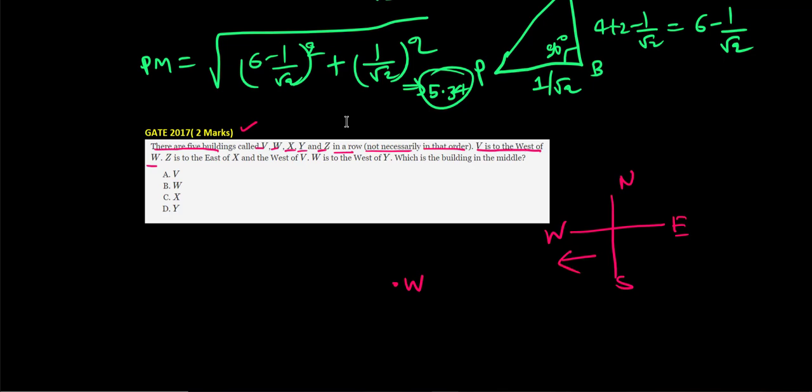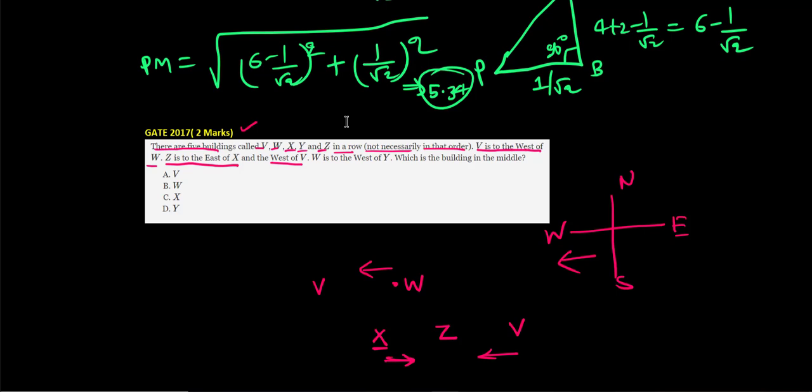So from W, let's say in this direction, this is V. Now again further, it is given that Z is to the east of X. So let's say this is our X, then the direction of east is this direction, so Z will be, let's say, here. And Z is to the east of X and to the west of V.